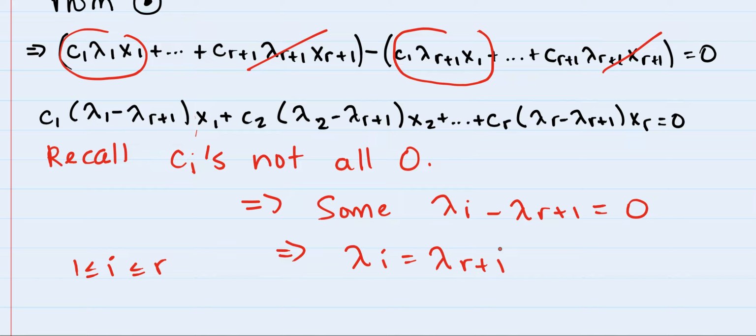And because of that, we said that these were distinct eigenvalues, and they had distinct eigenvectors, that each one of these eigenvectors are coming from another eigenspace. And since we have shown that if these vectors are linearly dependent, they're coming from the same eigenspace, then we have a contradiction. So they are linearly independent.